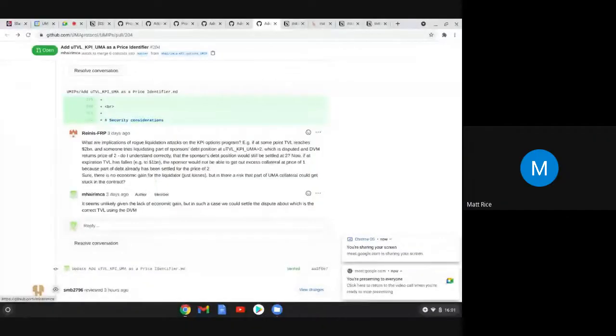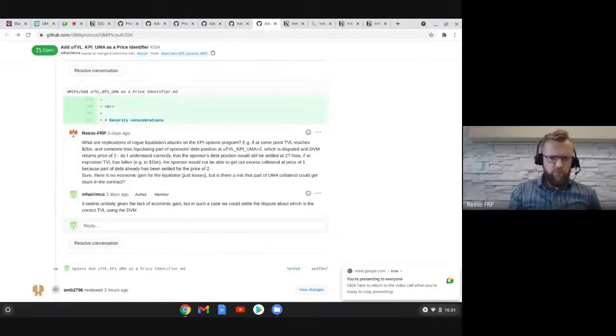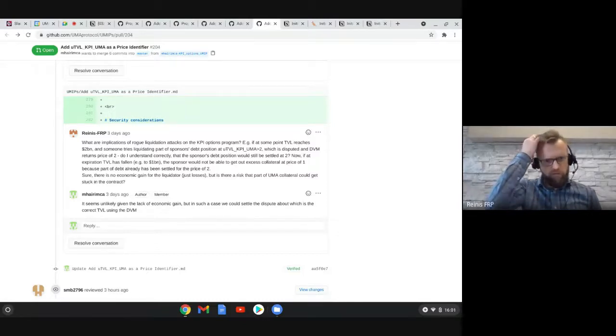Okay, in case you haven't seen it, this is Rain's comment here. Yes, basically it comes from the situation we had in the yield dollars, where there were rogue liquidations and the sponsor was having losses just because the price of collateral in relation to the synthetic increased in value.